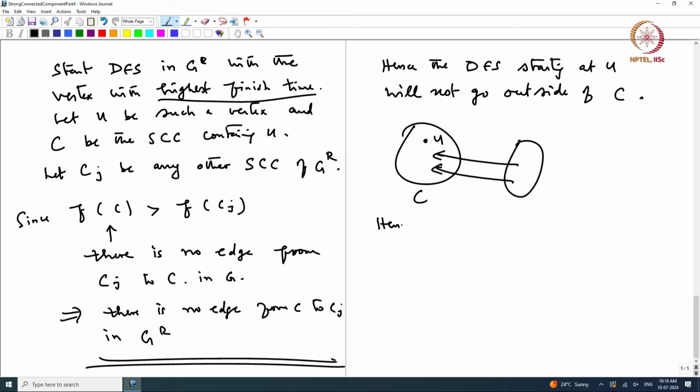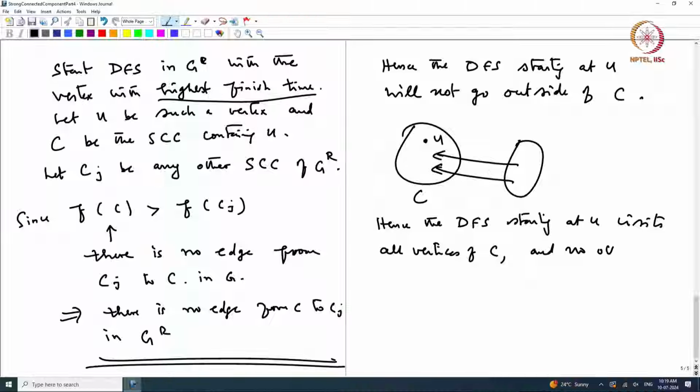Hence, the DFS starting at U visits all vertices of C and no other vertices of G. It will not go anywhere, it will remain there itself.